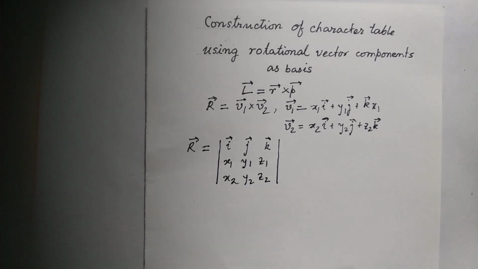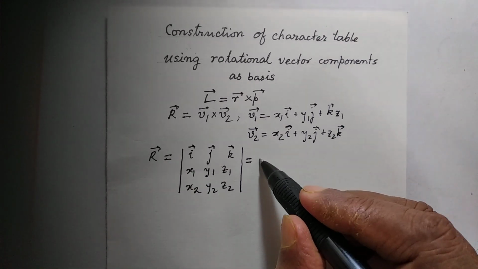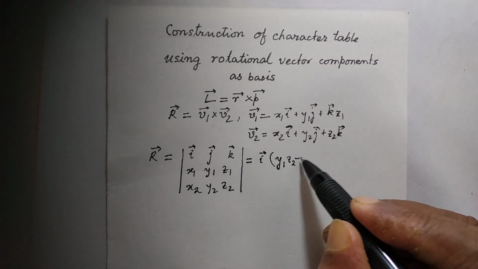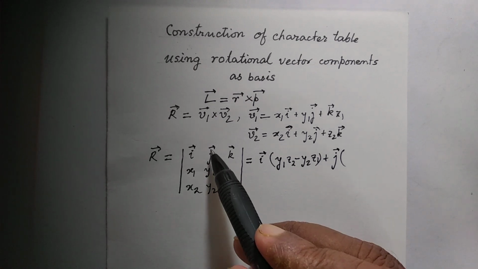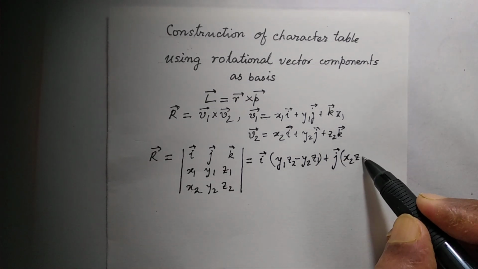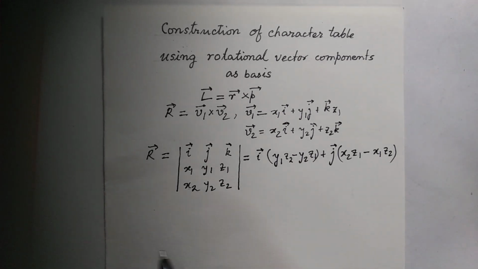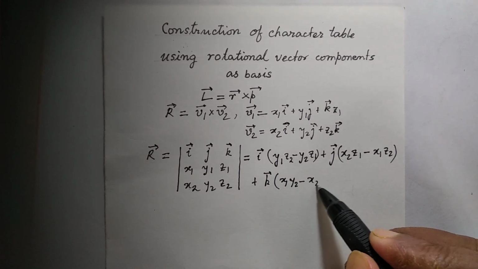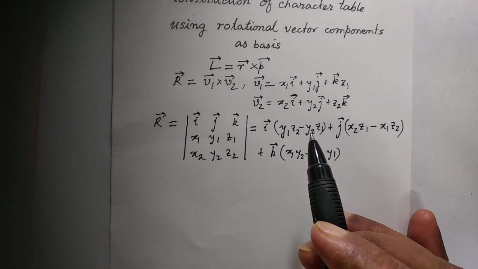If you expand this determinant, you will get the expression for R. By expanding, we get i times (y1 z2 minus y2 z1), plus j vector multiplied by (x2 z1 minus x1 z2), plus k vector multiplied by (x1 y2 minus x2 y1). This is obtained by simply following the rule for expansion of a determinant.